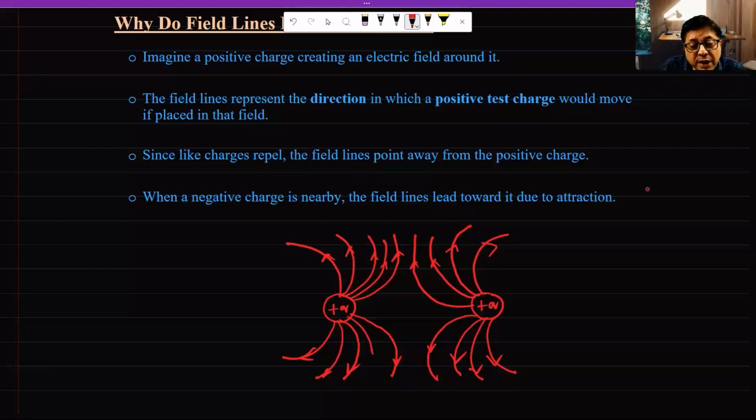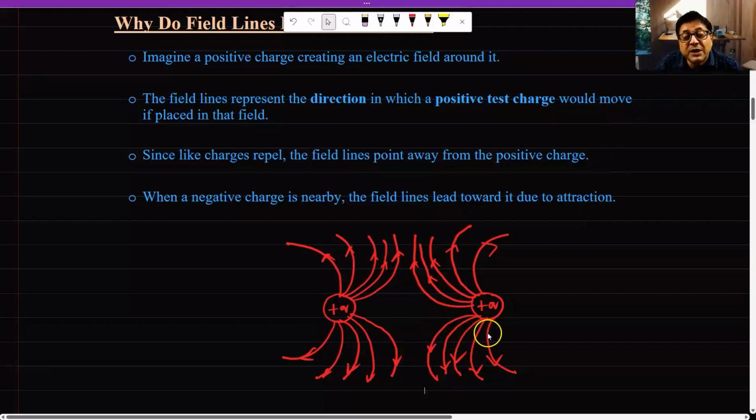And another thing we have to keep in mind, if this plus Q emits 5 electric lines of forces, this one also will do so, because this is an identical charge. I told you the number of lines of forces is proportional to the magnitude of charge.